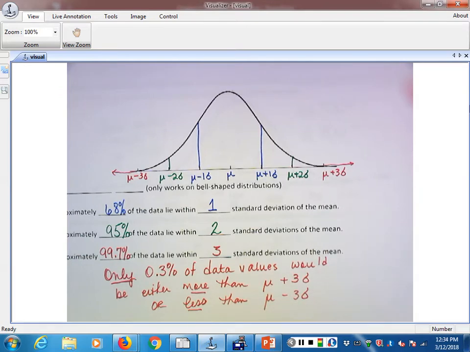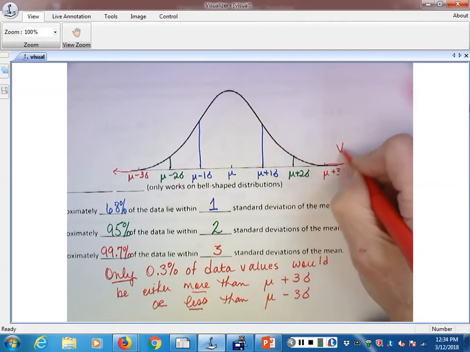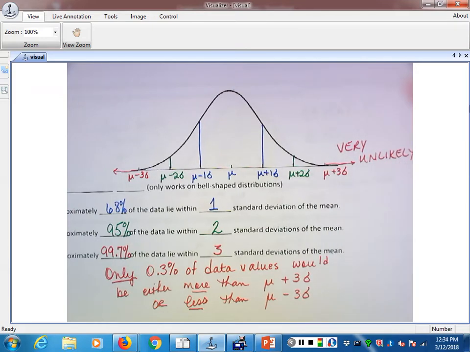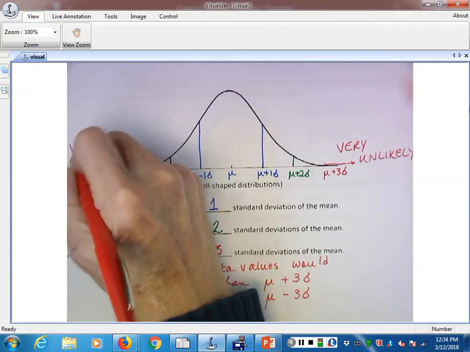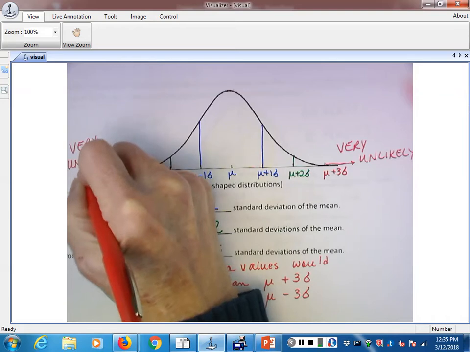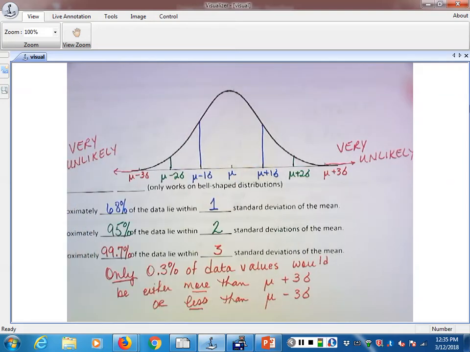Only about 0.3%. So values that high would be very unlikely. Values below here would be very unlikely. Or very unusual. Okay?